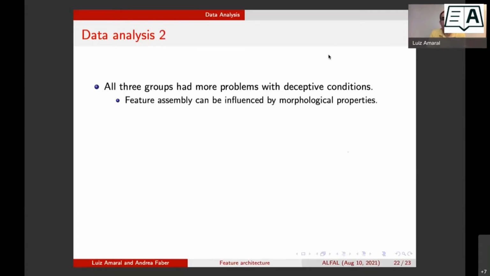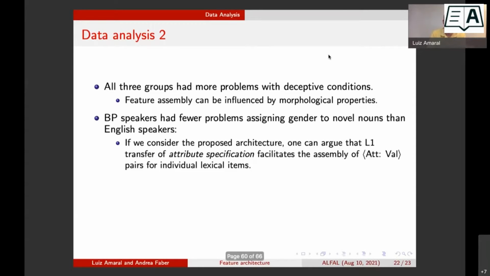So all 3 groups had more problems with deceptive conditions. Feature assembly can be influenced by morphological properties. That's an important finding in our results. Brazilian Portuguese speakers had fewer problems assigning gender to novel nouns than English speakers. If we consider the proposed architecture that we have, one can argue that L1 transfer of attribute specification facilitates assembly.